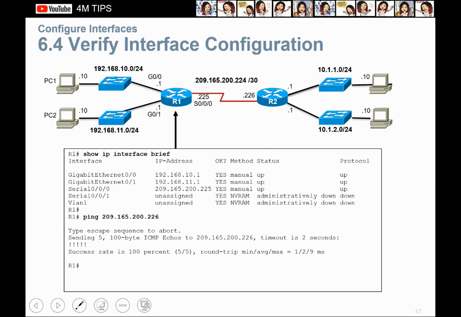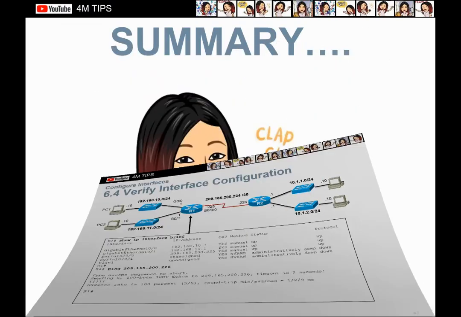Let's verify it. To check whether our configuration commands are correct, I'm going to type show ip interface brief. I will get my interfaces, my IP addresses, and the status whether it's up or down. When it's up, congratulations, your configuration is correct.